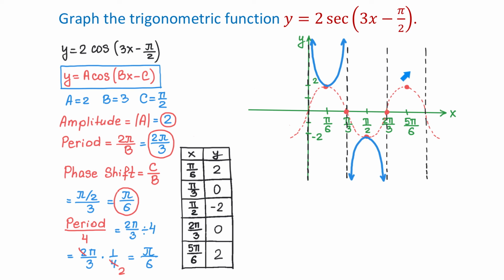Then between these two asymptotes, the graph will have the same shape as this one. Then this graph will continue to the left and to the right indefinitely. So now here we have the graph of the function y equals secant of 3x minus pi over 2.